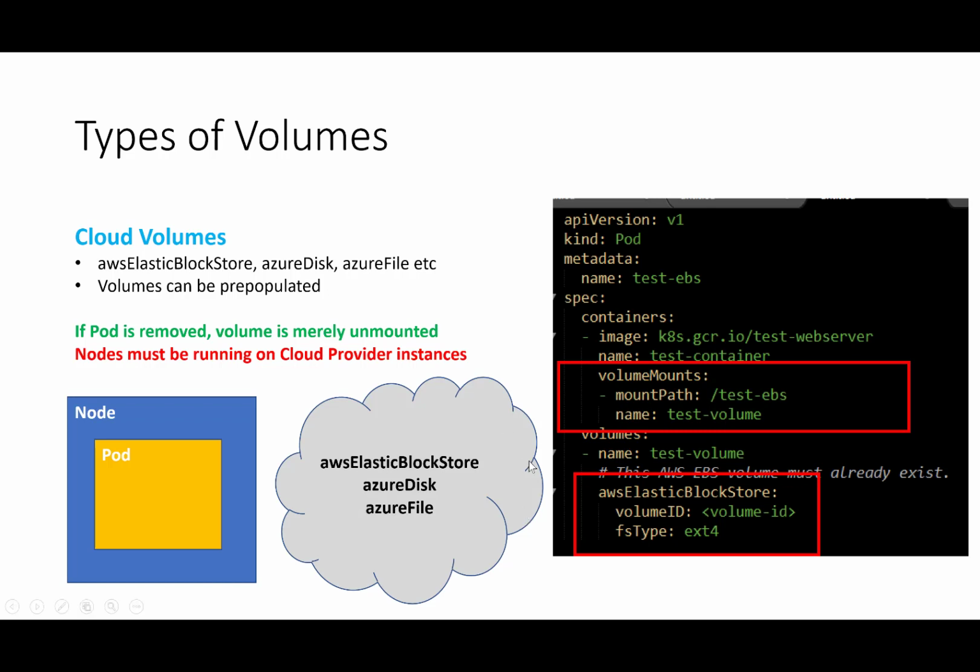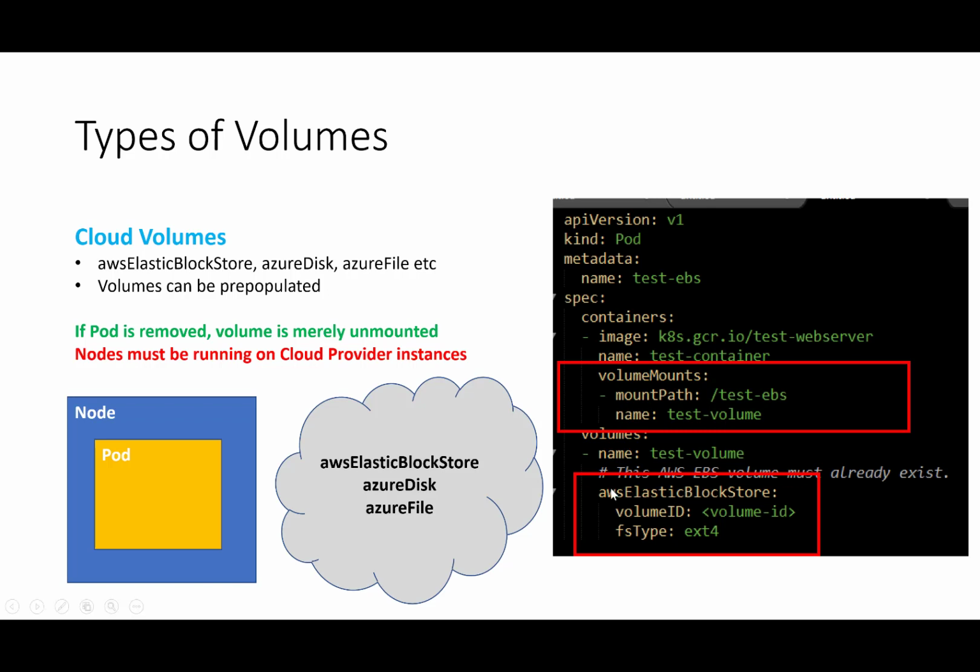Now, the other disadvantage in this approach, a little bit of a disadvantage, is that the user needs to know the volume ID, the file type, and so on. So this probably is not feasible for all use cases.